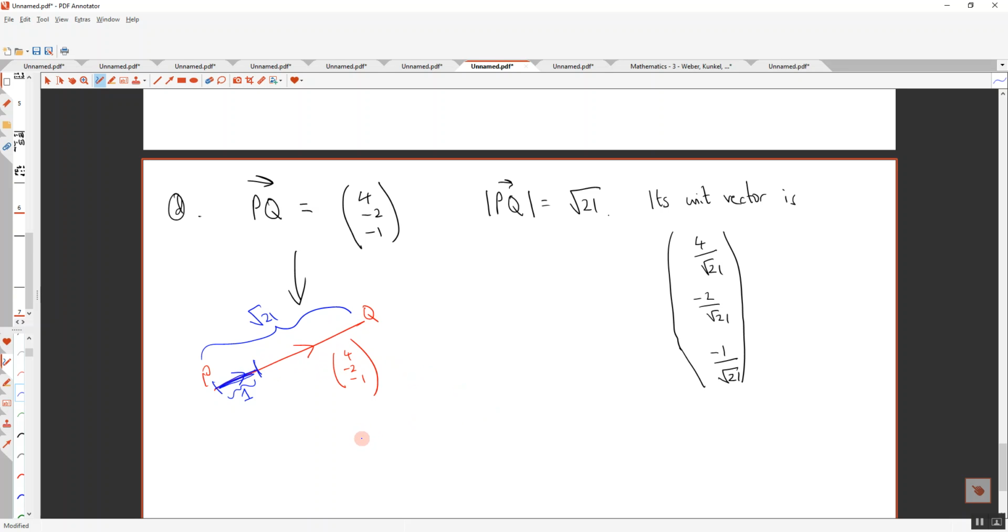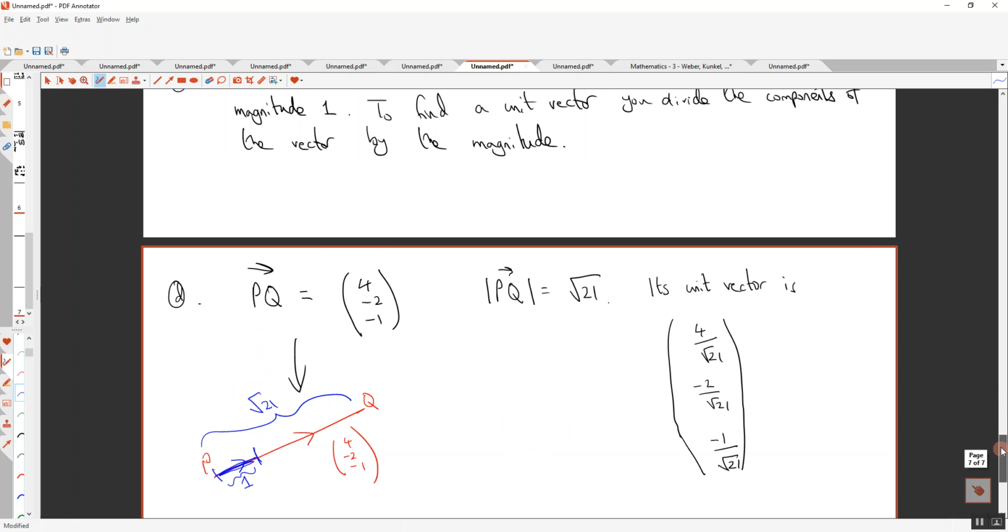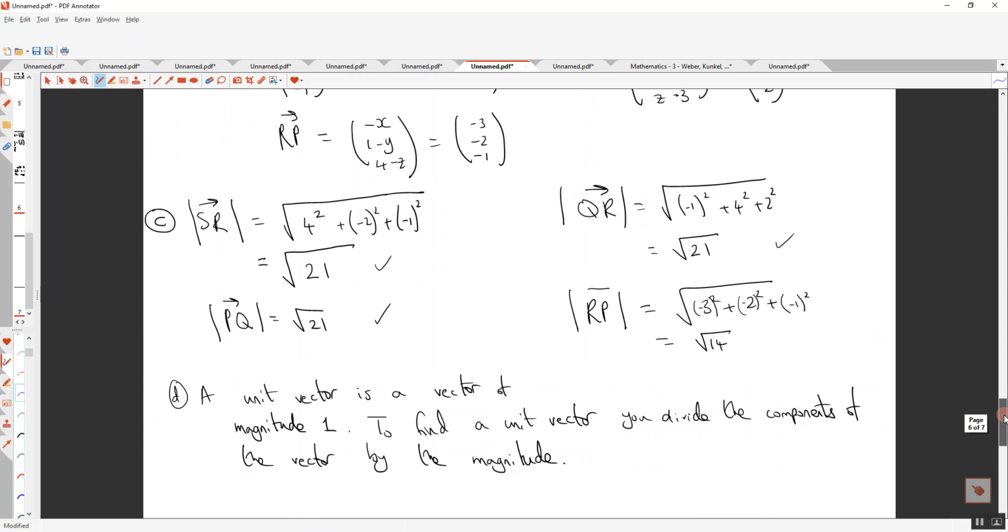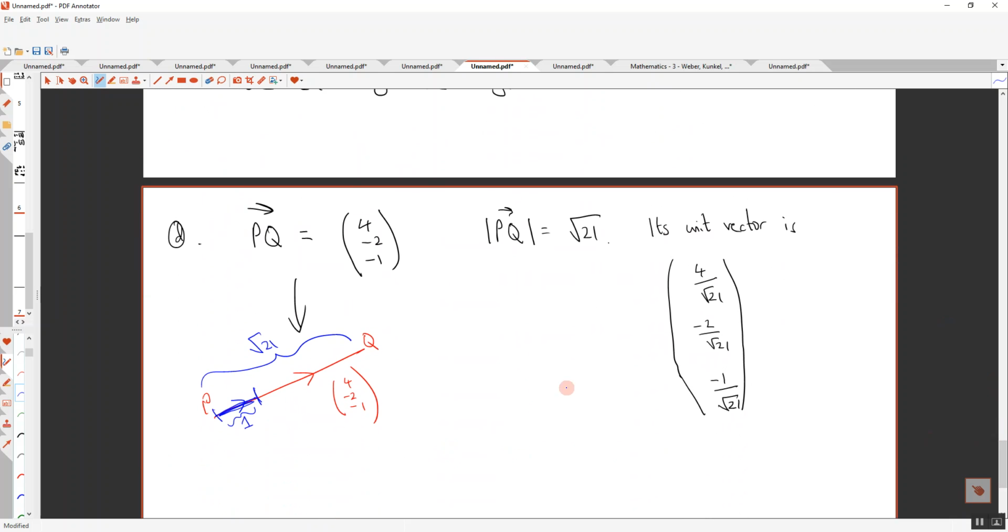And we can do the same with our other vectors. Quite straightforward. So S to R is going to be the same thing.